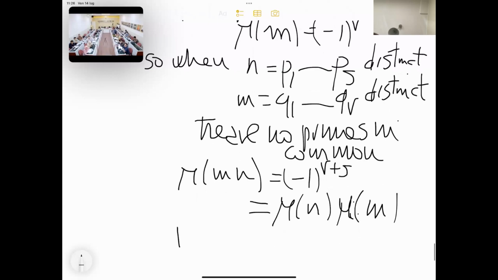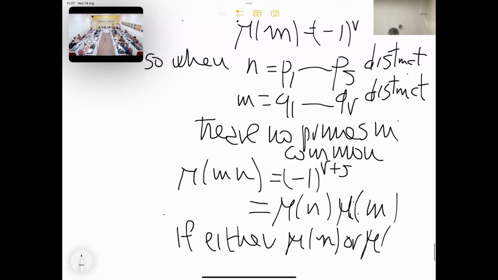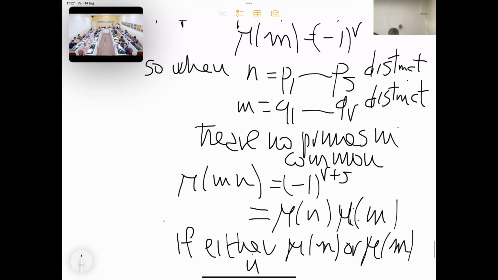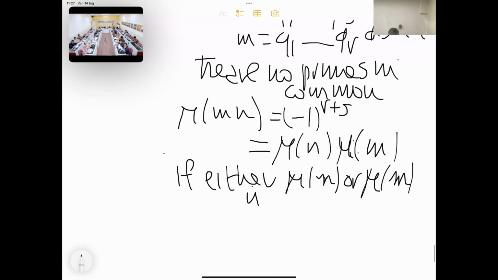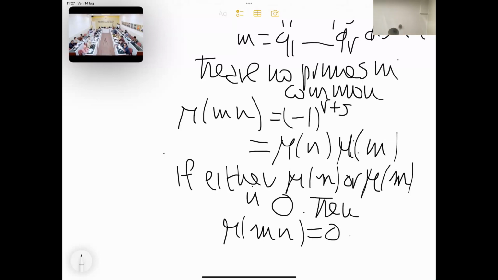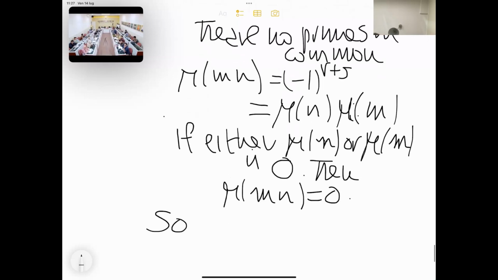If either mu of n or mu of m is 0, then mu of n times m is also equal to 0. So mu is multiplicative.